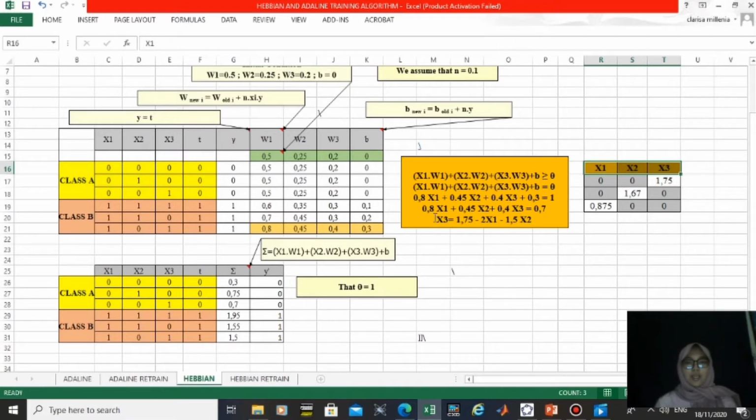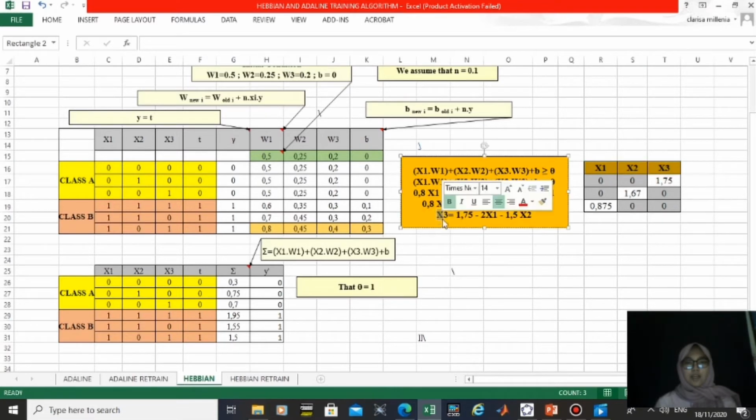So we get this formula: x3 equal to 0.75 minus 2 x1 minus 0.25 x2.